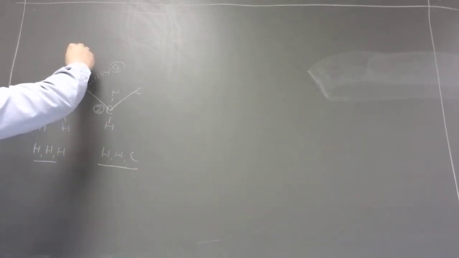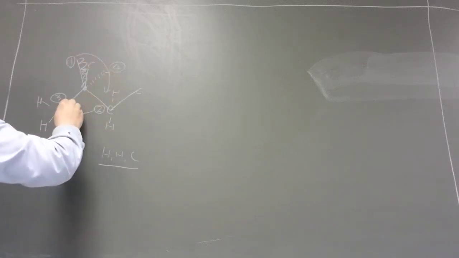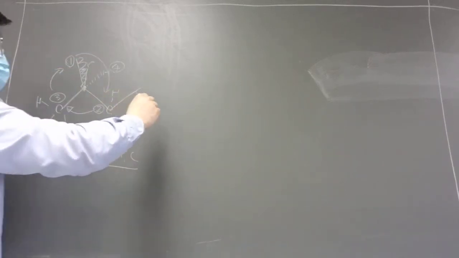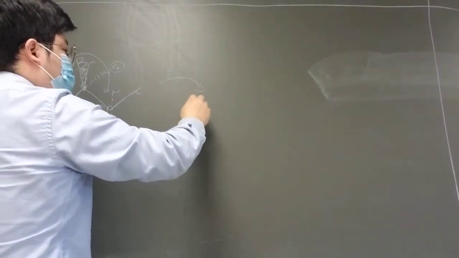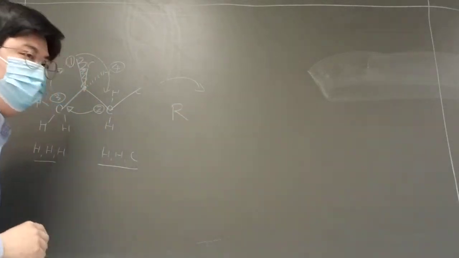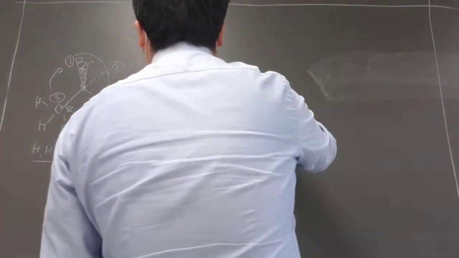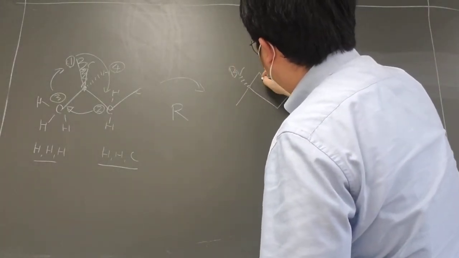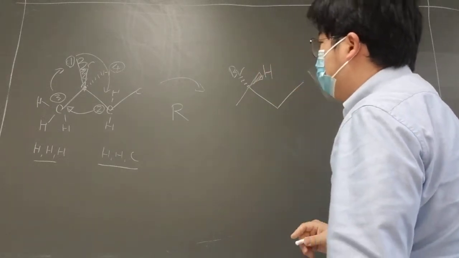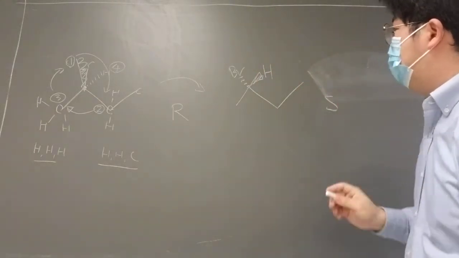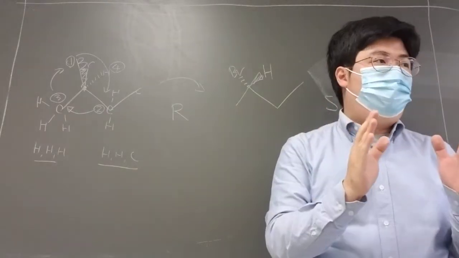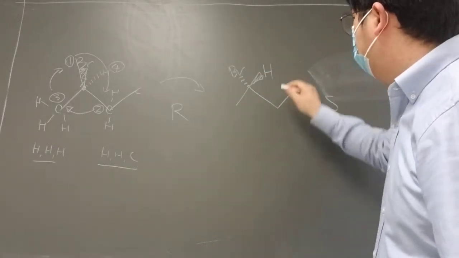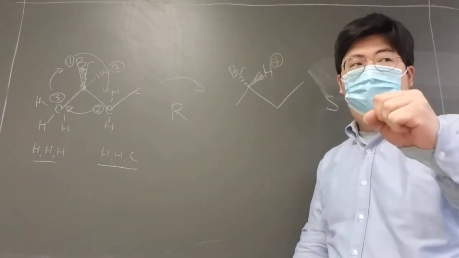All you need to do is rotate. If you're going 1, 2, 3 clockwise, to the right way, you can call this R configuration. But if this group is now put in the back, you can actually call this S, because the way you look at this compound, you're always going to place your number 4, the lowest priority group, to the back.